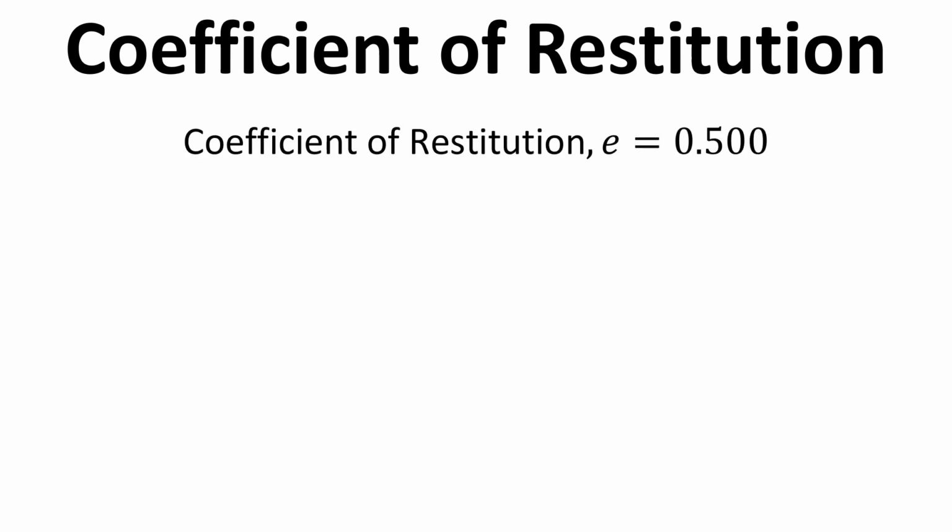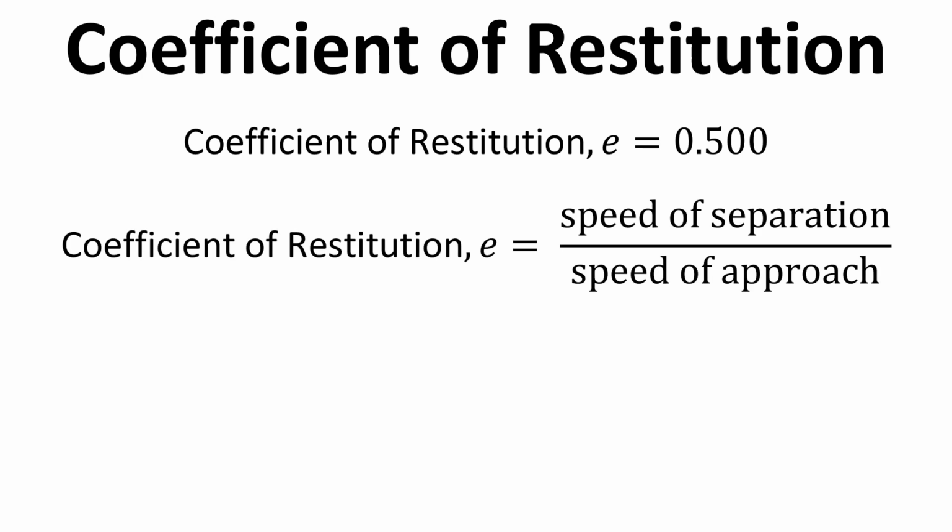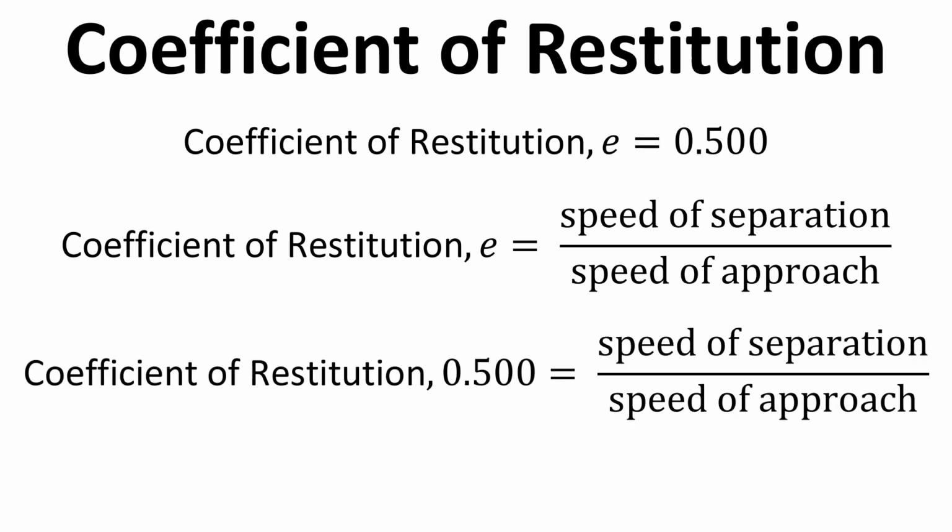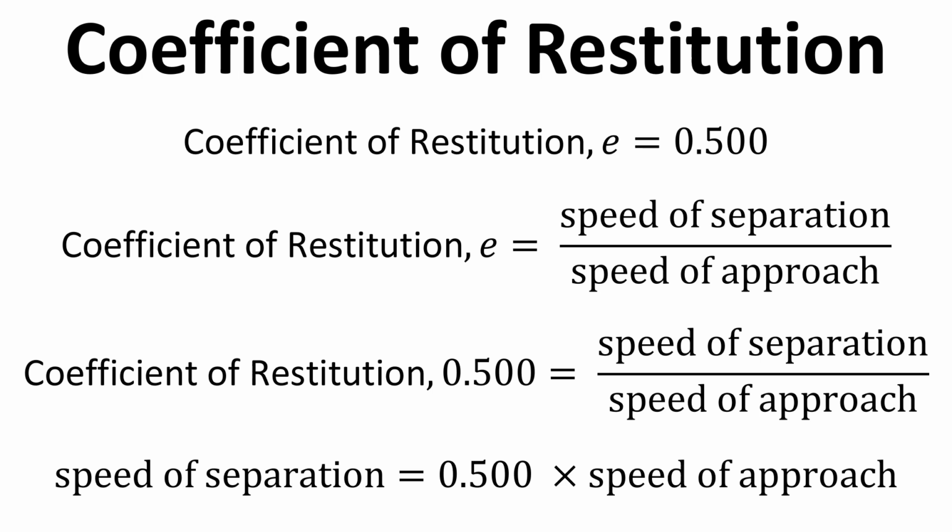So the coefficient of restitution is given as 0.5 in this question. Now the equation for the coefficient of restitution: E equals speed of separation divided by speed of approach. So if we substitute in 0.5 for E, we can rearrange and we see that speed of separation will equal 0.5 times the speed of approach.